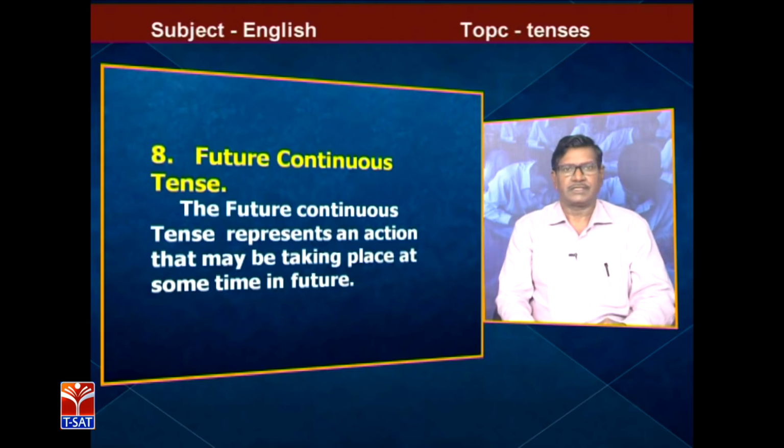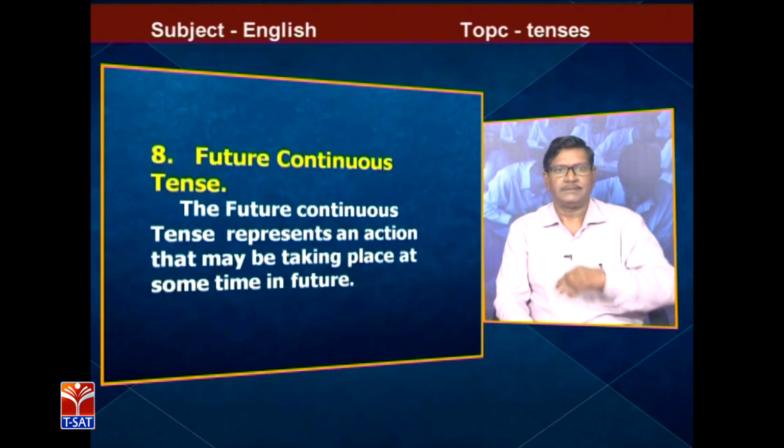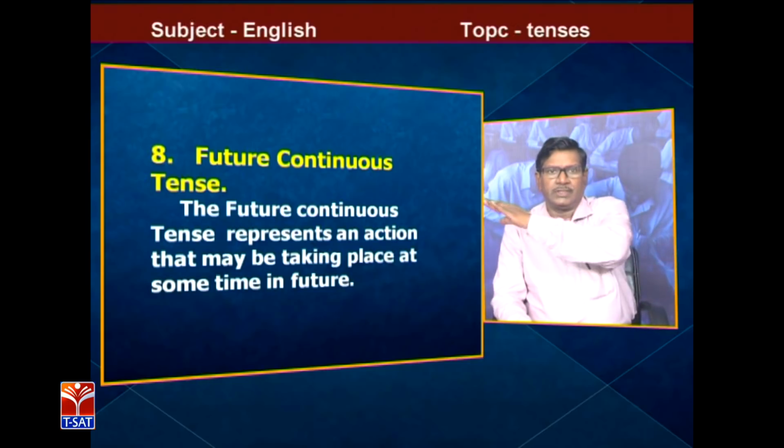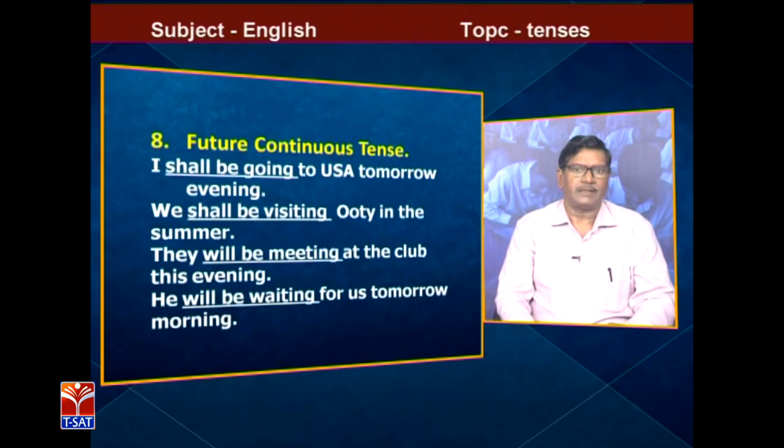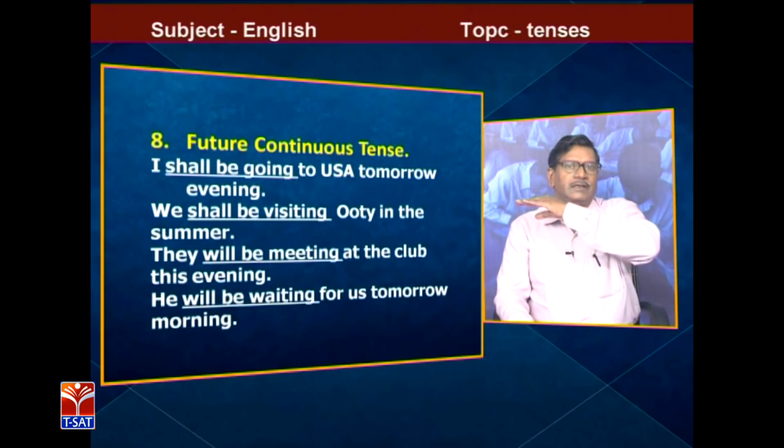Future continuous, it represents an action that may be taking place at some point of time in future. భవిష్యత్తులో జరుగుతూ ఉంటుంది అది. I shall be going to USA tomorrow evening. So tomorrow evening I will be flying to USA.